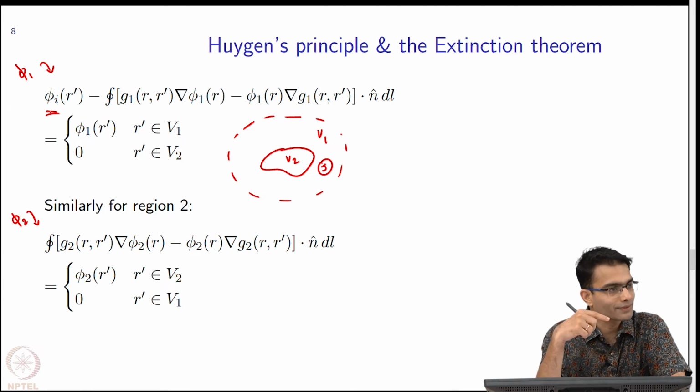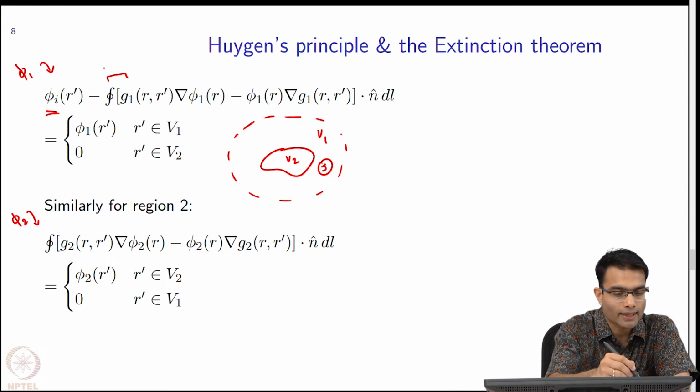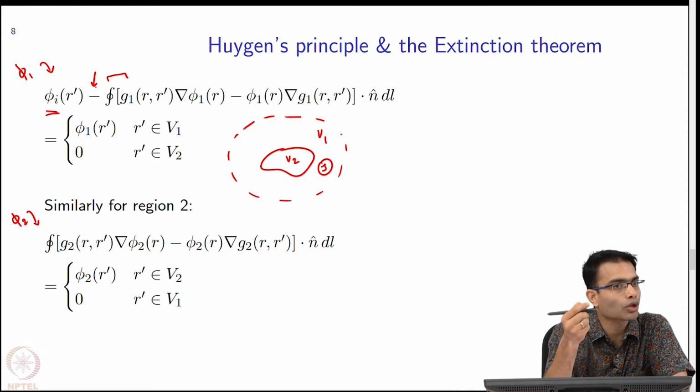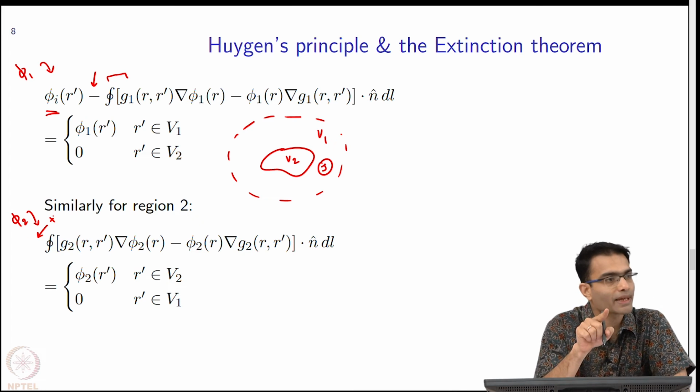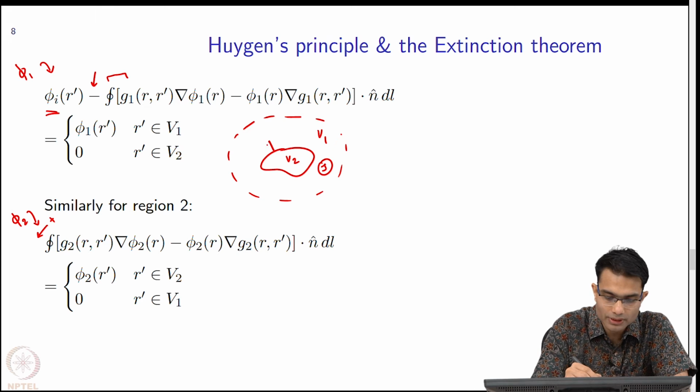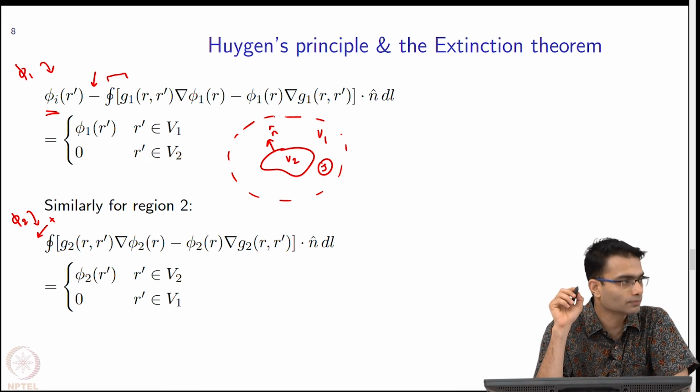So when I repeat this derivation, this is exactly the field that I will get. Another important thing to note: this scattered field term over here had a minus sign because the normal was inward. In the second term over here, what is the sign? Plus. Why? Because I am using the same n hat, and for volume V2, this is an outward normal. So everything is consistent.